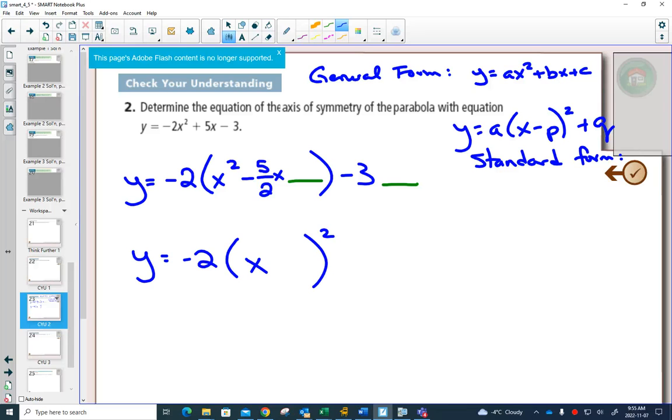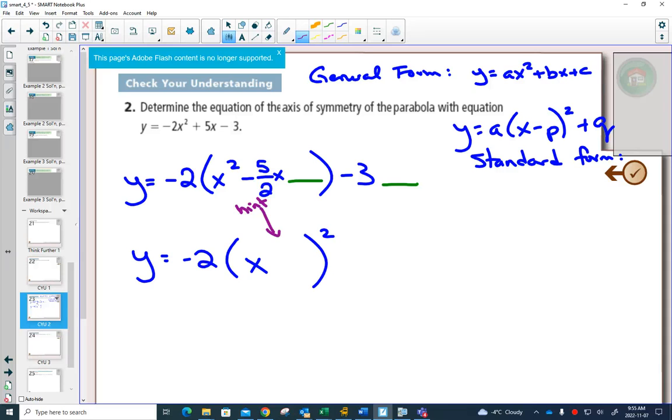And that -5/2 is your hint. And this is a great example of if you didn't pay attention to the pattern of the hint earlier, you get stuck when you go to fractions.